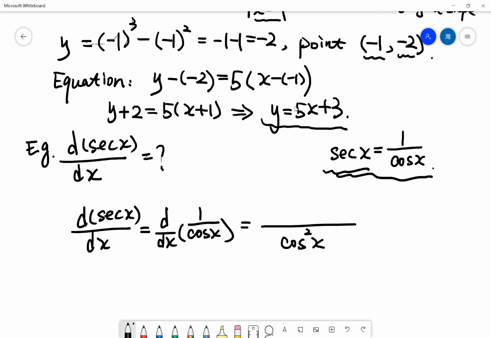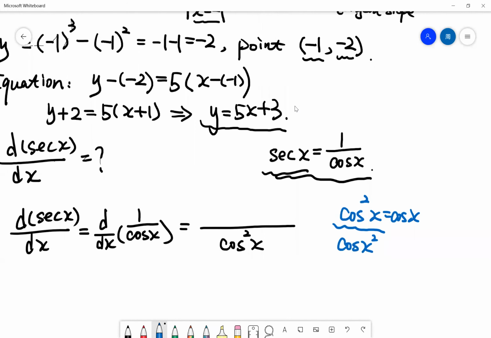So here, guys, there is one mistake you often make. Cosine x squared and cosine x squared, they are different. Cosine squared x means cosine x times cosine x, 2 cosine x.